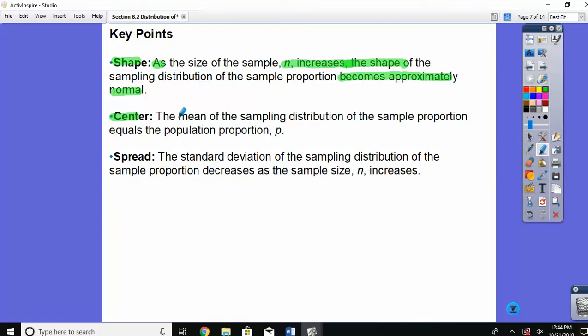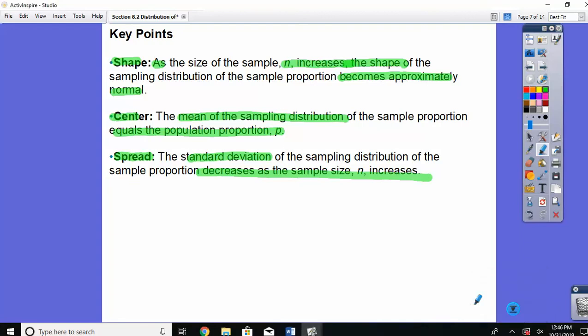The mean of the sampling distribution equals the population proportion. And then talking about the spread, the standard deviation decreases as n increases. So the bigger my sample, the smaller my standard deviation.